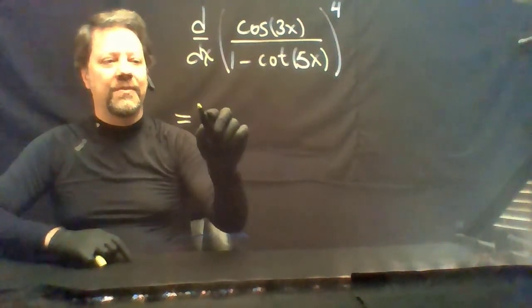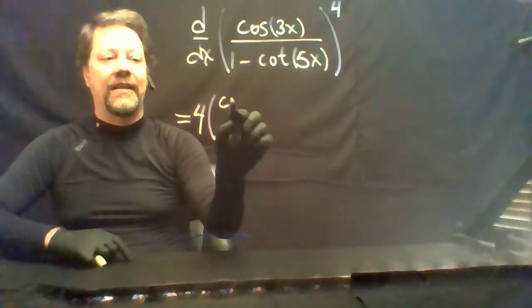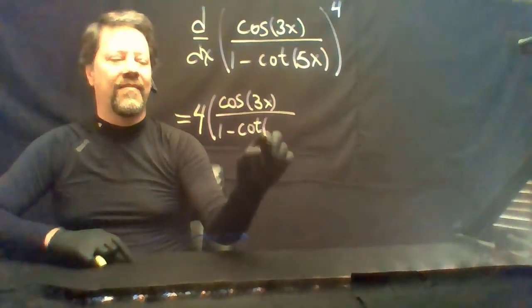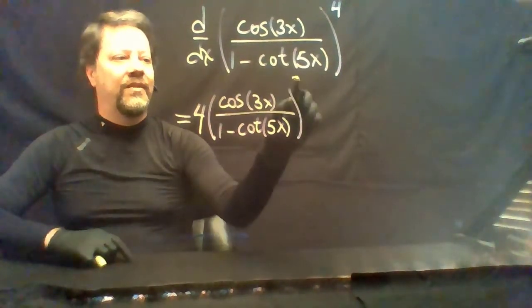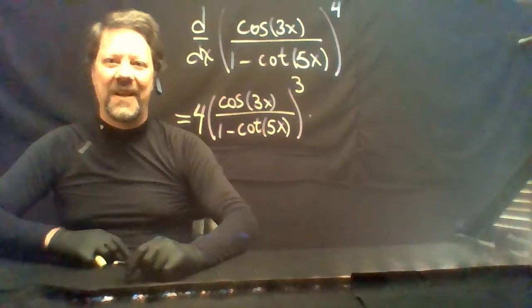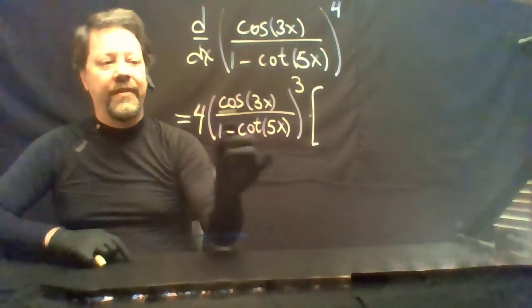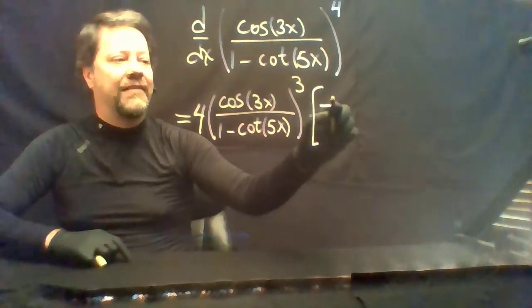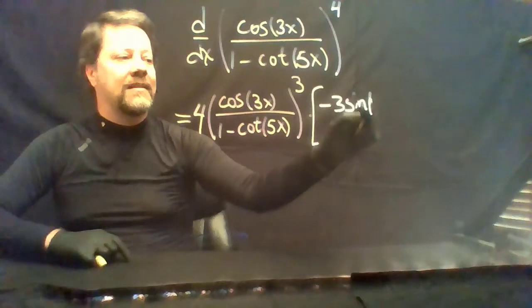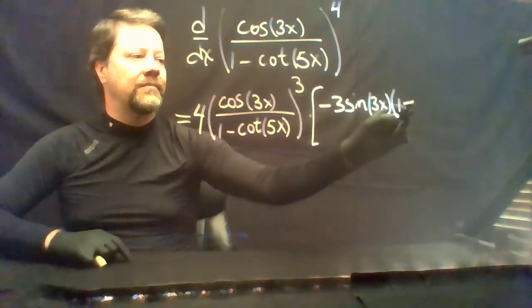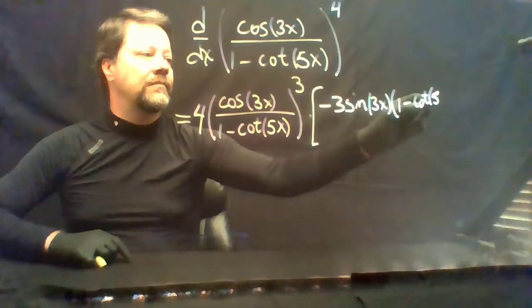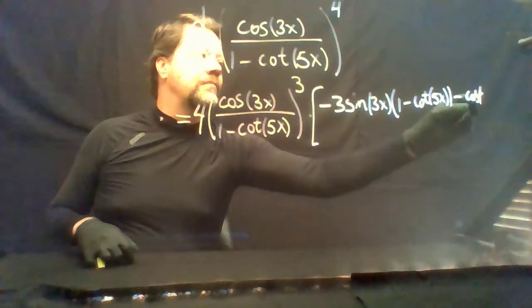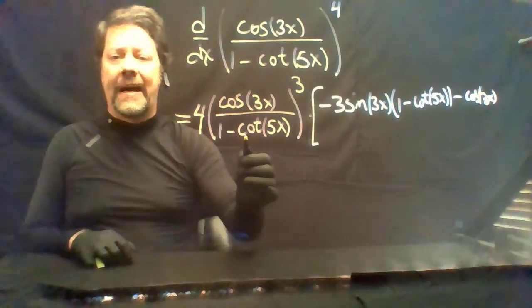Applying the power rule first, we'll have 4 times this quantity left alone, to the power of 1 less, 3. Now we need to multiply by the derivative of the inside, which requires the quotient rule. The derivative of the top is negative 3 sine of 3x times the bottom minus the top times the derivative of the bottom.